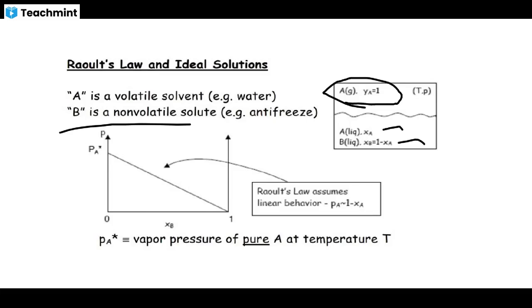Then Raoult's law assumes linear behavior. The partial pressure of A depends linearly on XB.